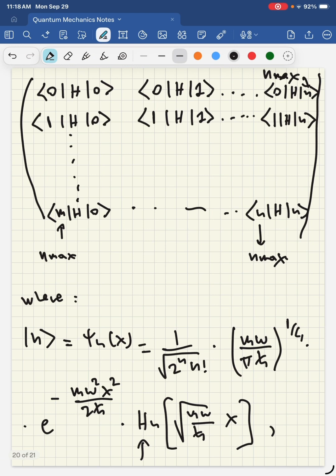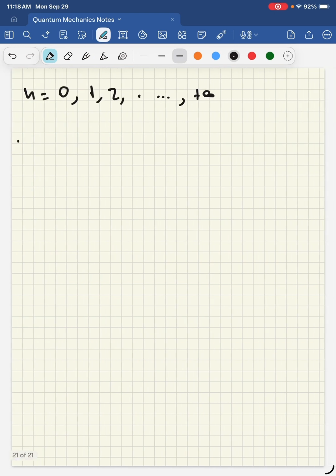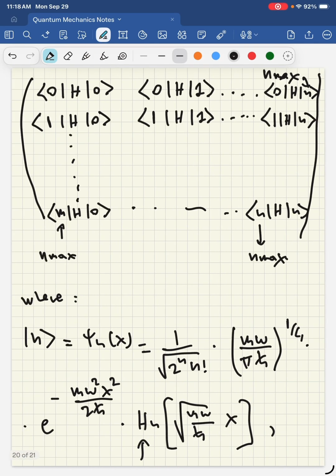So for example, the state 0 is the ground state, and if we plug n into this expression, we have 2 to the 0 is 1, and 0 factorial is 1, so that expression is 1.